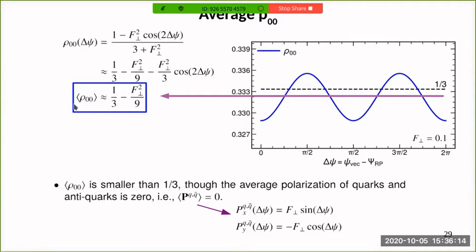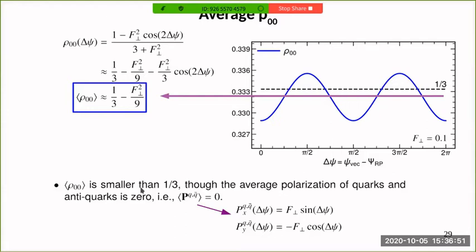So the average value of this curve is not 1/3, but lower than 1/3, indicated by this purple line. This is a striking feature because in these quark polarization equations, the average polarization of quarks and antiquarks is 0. However, after averaging over the vector mesons, the average rho 0,0 is smaller than 1/3.